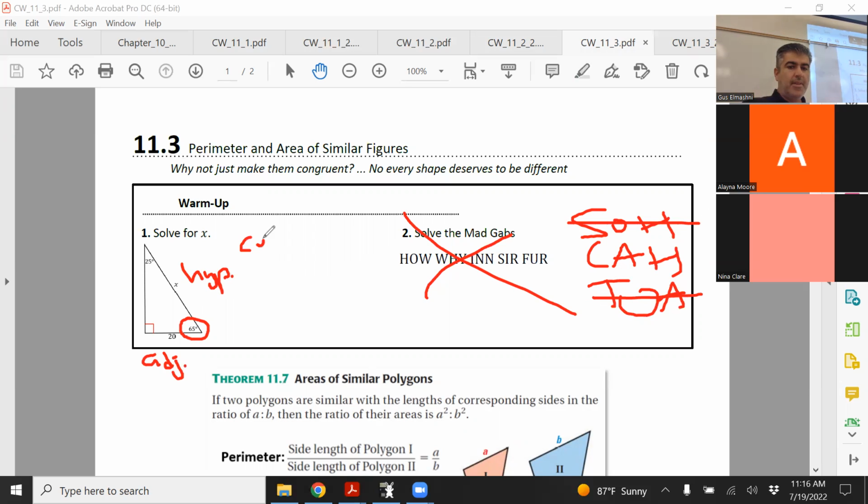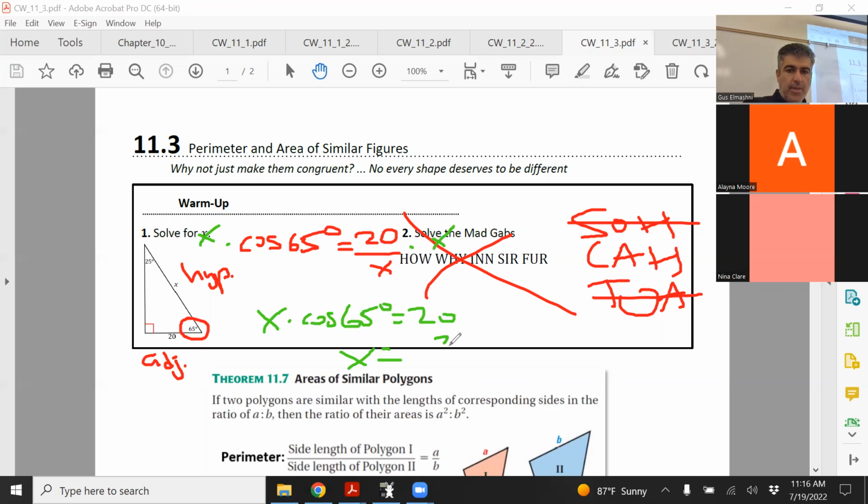CAH, good. You could have done the 25 degrees also, but then you have to use sine, the opposite over hypotenuse. So it's up to you. So you would change the angle. And that's cosine of 65 equals 20 over x. If you do the algebra correctly, you have to multiply both sides by x. So x times cosine of 65 degrees equals 20. X will be 20 over the cosine.